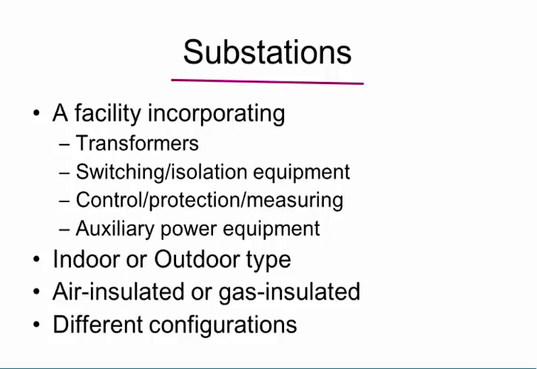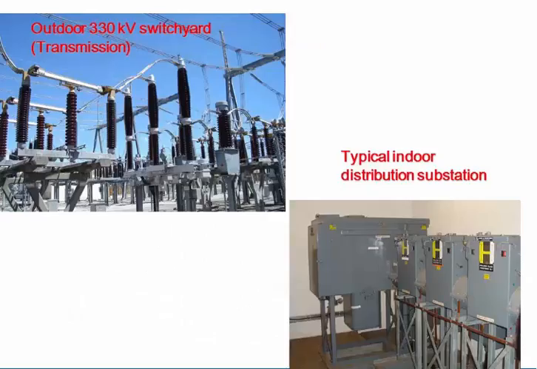Okay, and there are several types, both indoor and outdoor, and it depends upon where they're located as to what type is used. Okay, so what is typically outdoor is what you see here in the transmission substation, and right down to an indoor distribution center, say something within a large building or a factory complex.